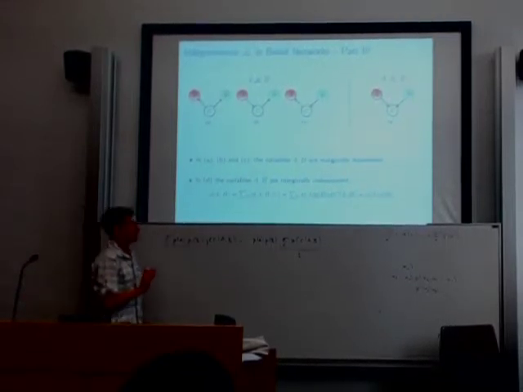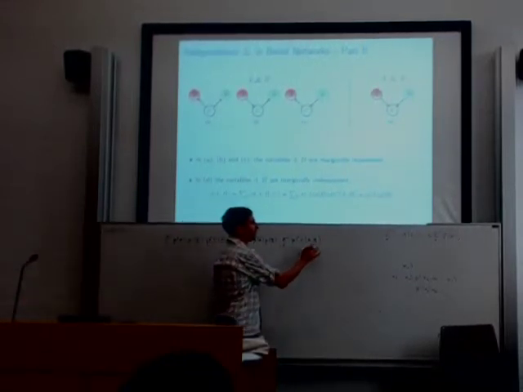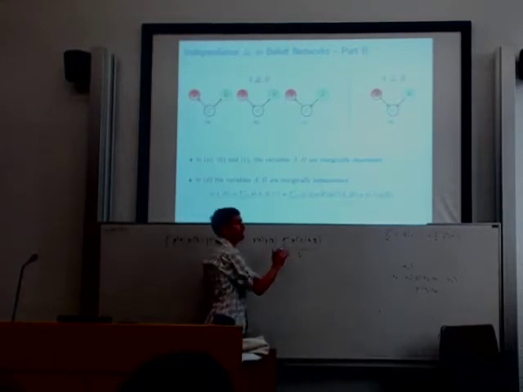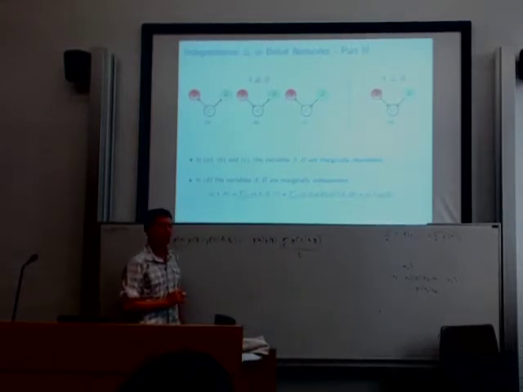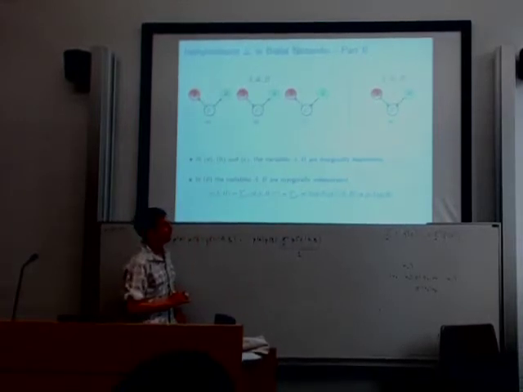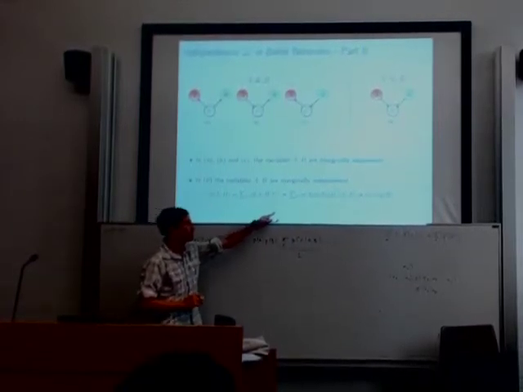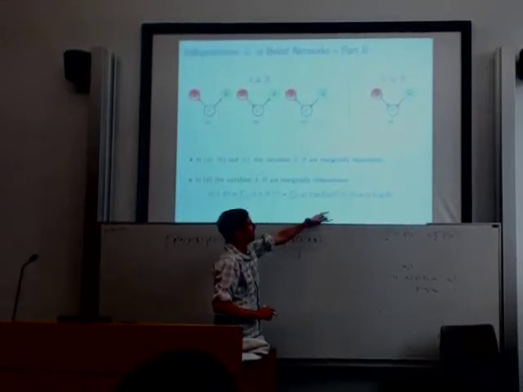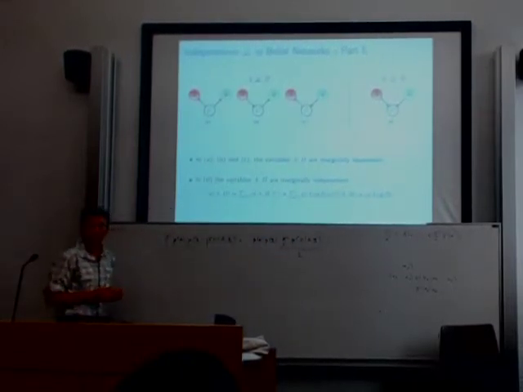Whatever A and B are, whatever states they are in, it doesn't matter. We're assuming that we're working with probability, so this must be equal to 1. So that's why that holds, and we've got this factorization independence property. So marginally they're independent.